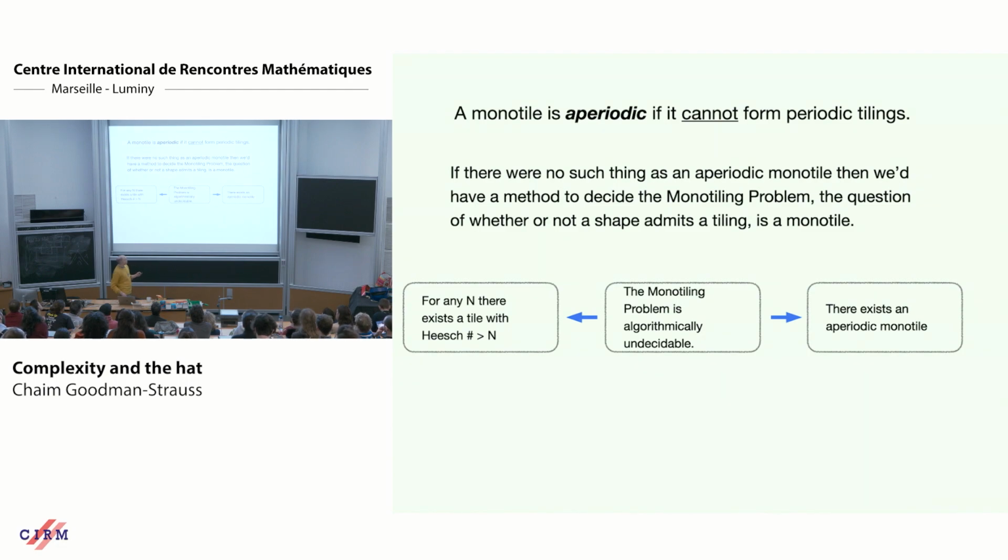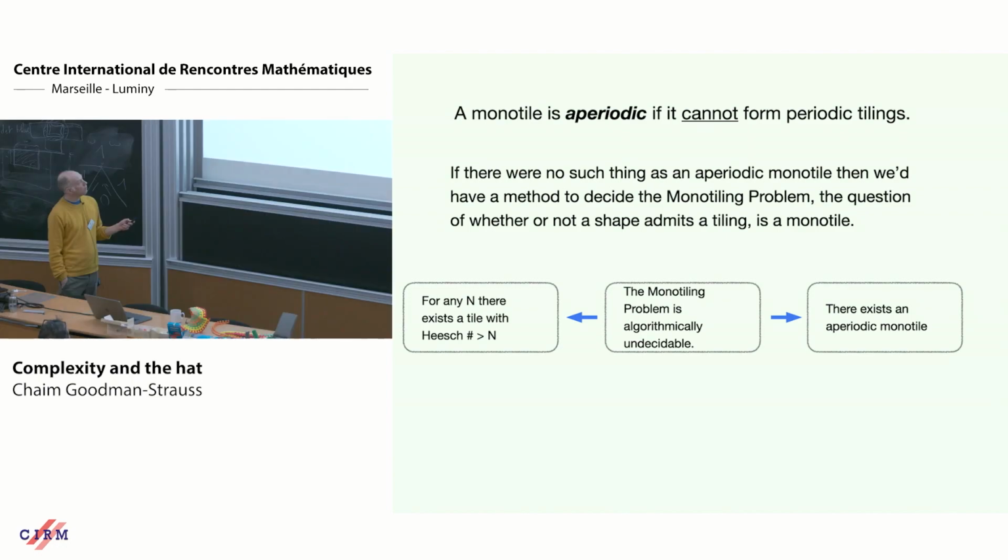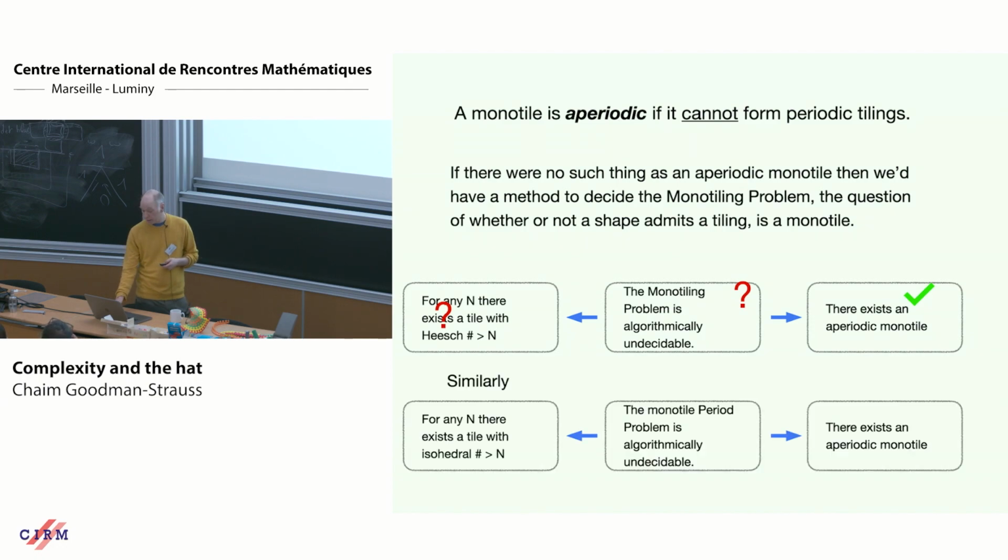So we have these implications. If the monotiling problem, if it's undecidable whether a single tile admits a tiling, then this would imply the existence of an aperiodic monotile, and similarly the H number would be unbounded. Of course, we know that's still open, and as we'll see momentarily, this has now been decided, figured out.